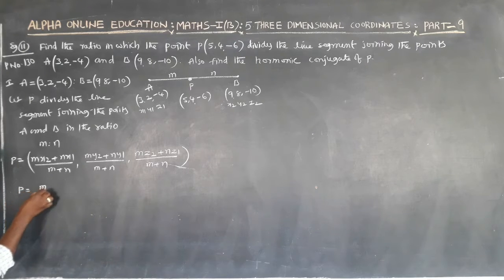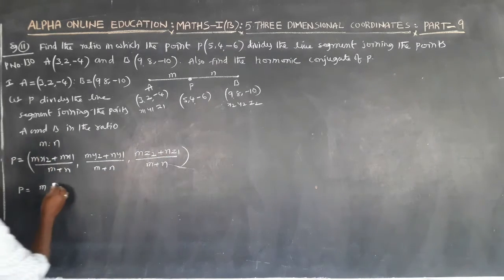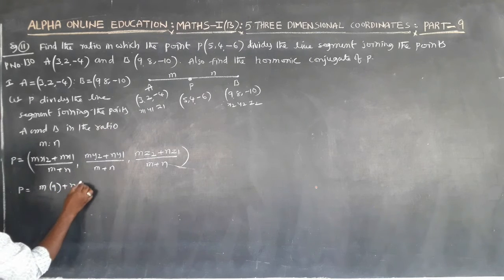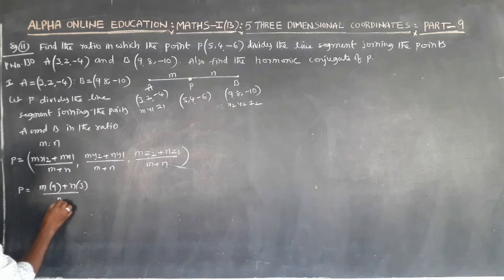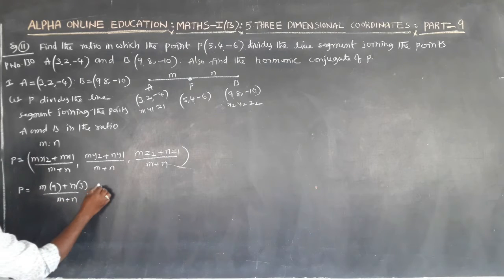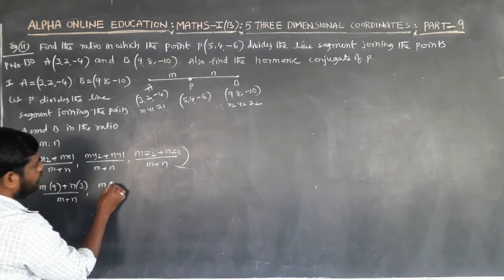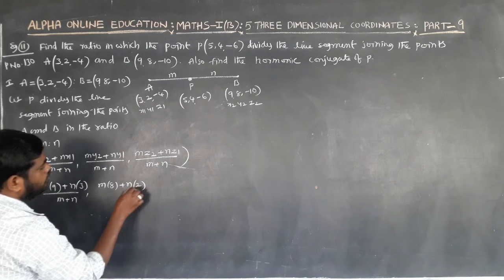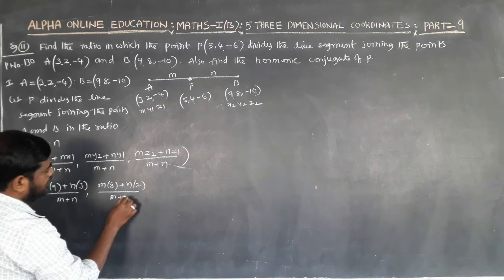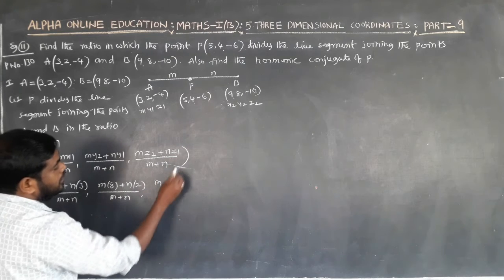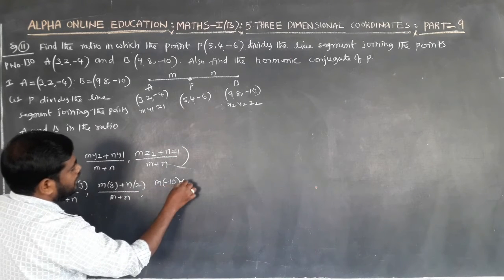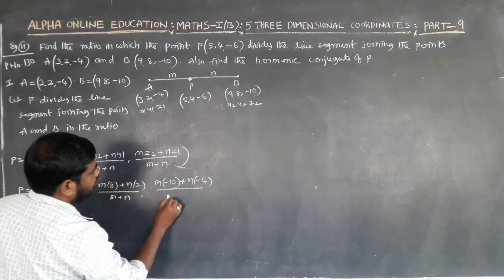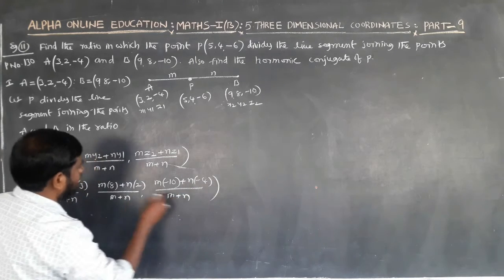P is equal to ((m times x2 which is 9, plus n times x1 which is 3) by (m plus n), (m times y2 which is 8, plus n times y1 which is 2) by (m plus n), (m times z2 which is -10, plus n times z1 which is -4) by (m plus n)).